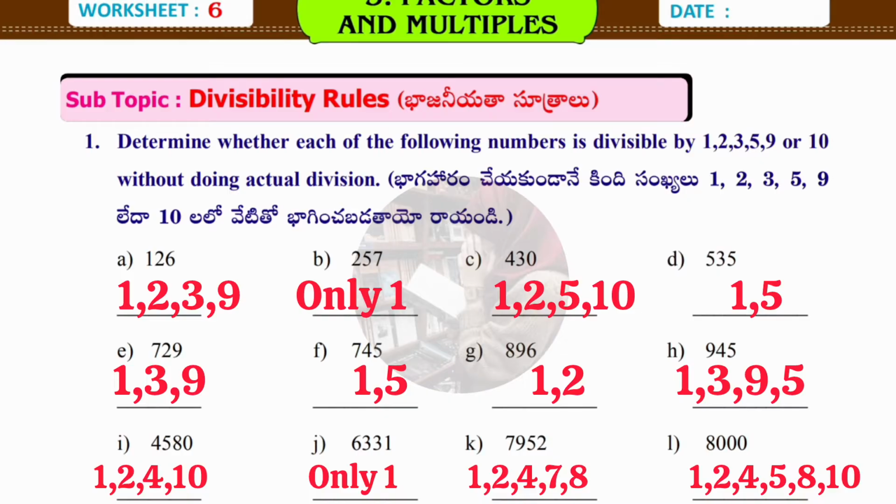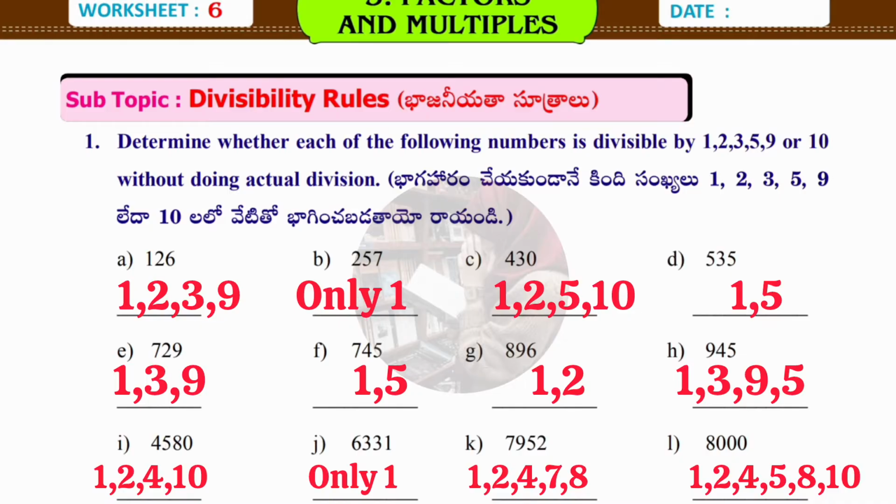If you check for 3 and 9, it does not satisfy. If you want, you can cross-check it on rough paper. So you get the answer as 1 and 2 itself. Next number is 945. This number is divisible by 1, of course, then 3, then 9 and then 5.